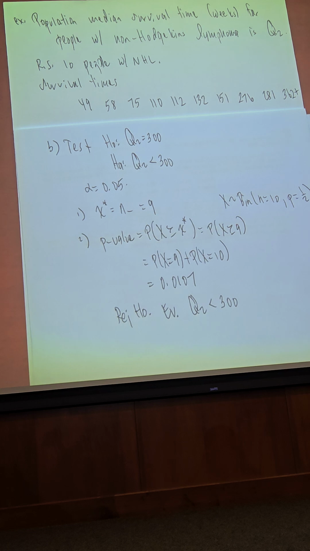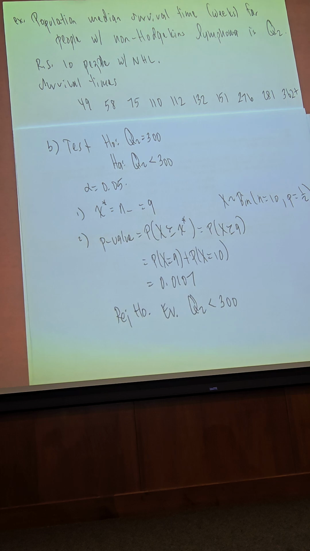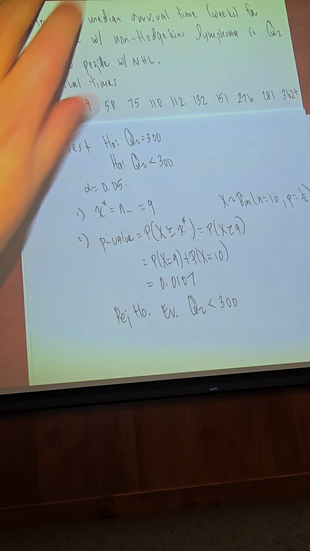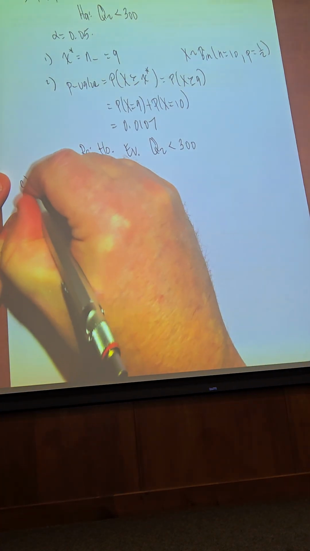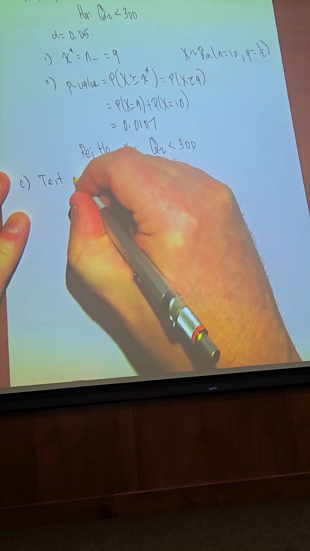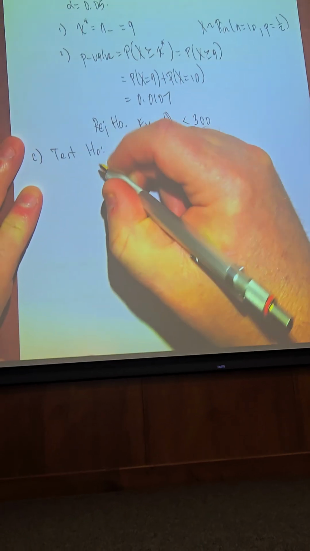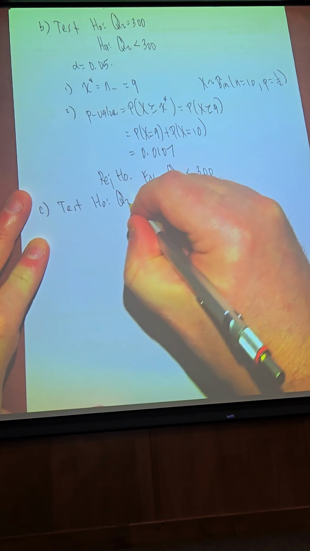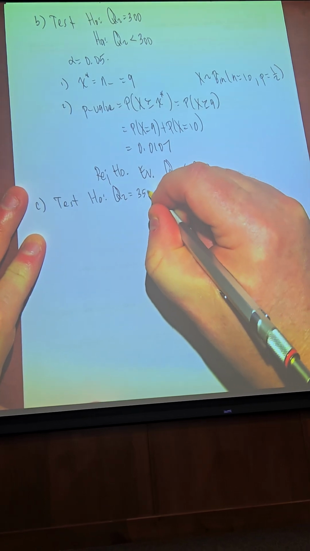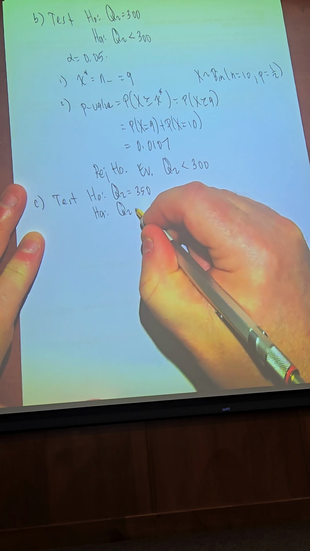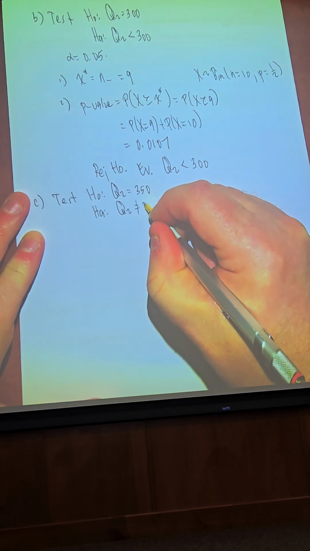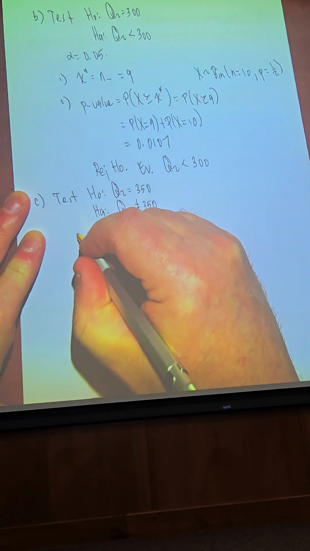Do you think we can do a two-sided test? Yeah, we can do a two-sided test here actually as well. So let's try this. Let's test the null hypothesis that the population median is 350 versus the alternative, the population median is not equal to 350. Alpha's 0.05.